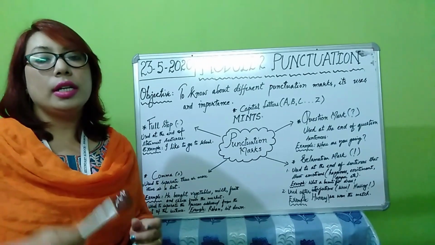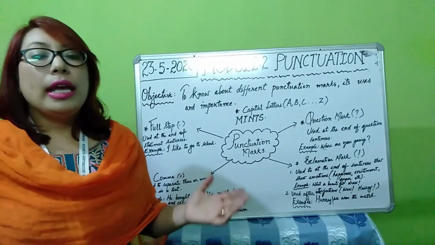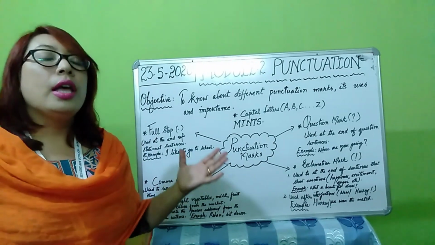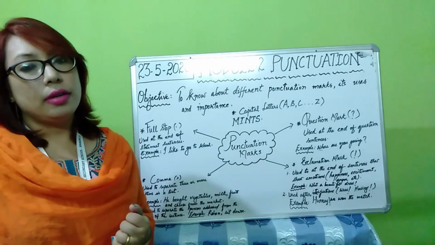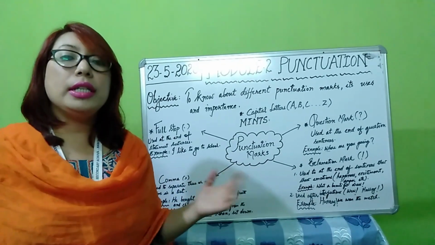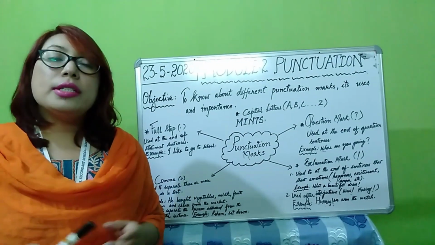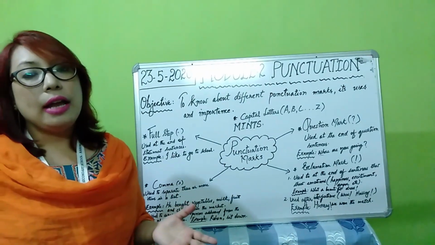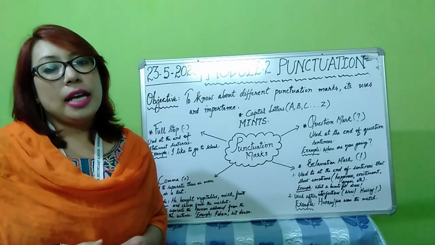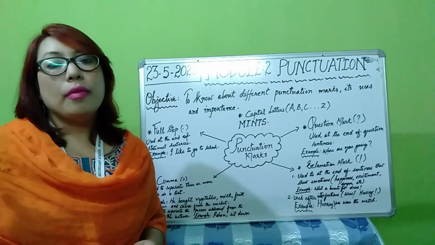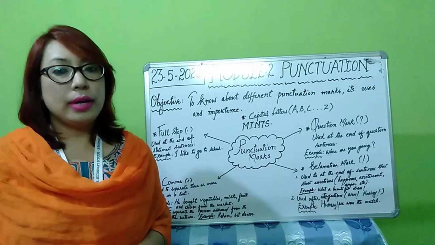It is rather written in capital letter. What about N? N stands for the special name of people, person, animal or things, right? What about T? T stands for the title of movies and also books. And what about the S? S stands for the start of a sentence, right?